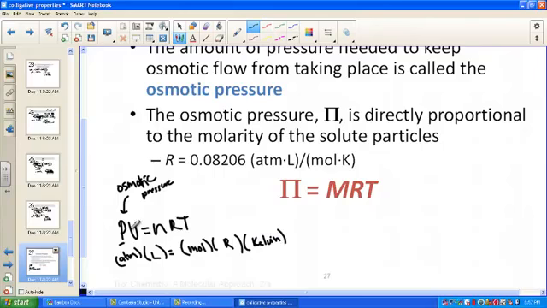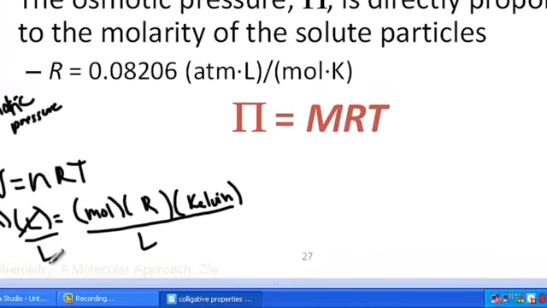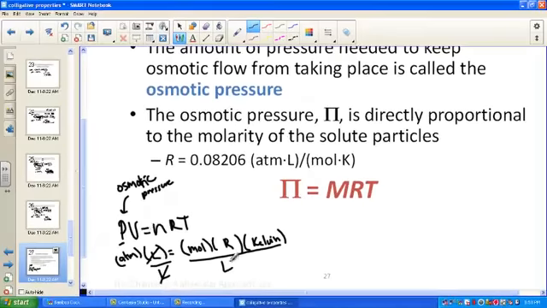If I think about PV equals nRT and a way to manipulate this to solve for just pressure, what if I divide both sides by the volume to cancel out the liter unit? Now, I'm just kind of erasing the volume by putting it underneath, just to isolate the pressure.